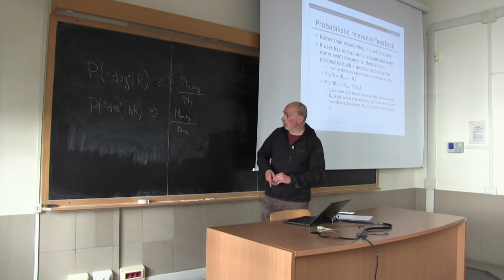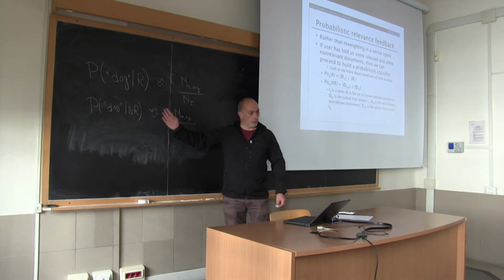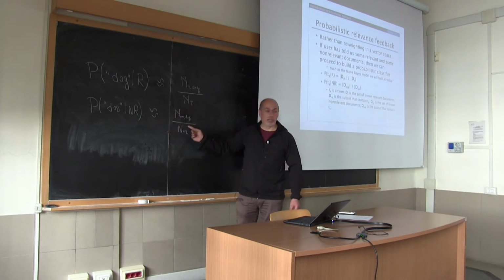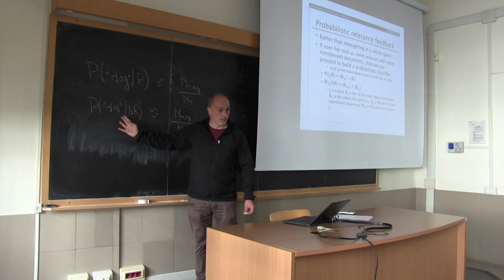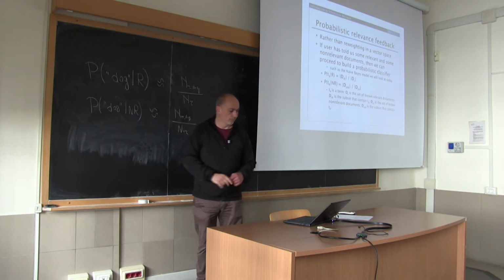And notice the other point is that these are quantities that we can at least estimate. Actually, these quantities we can compute. And computing these quantities, we hope that we are estimating these probabilities. Okay? Good.